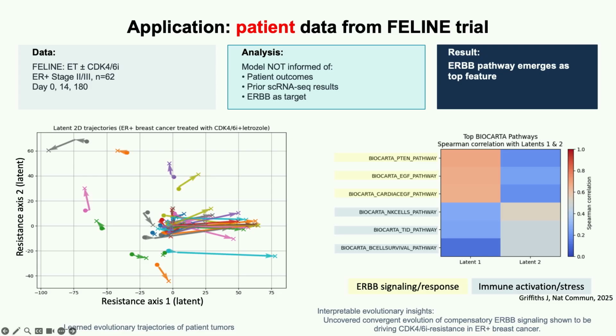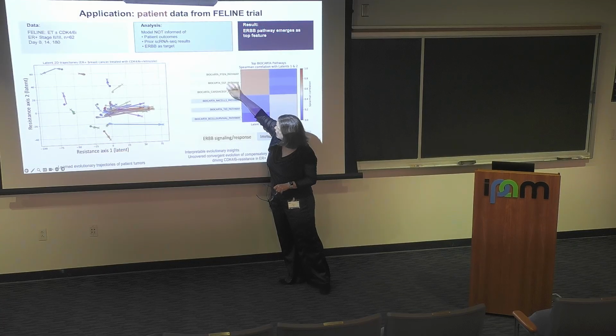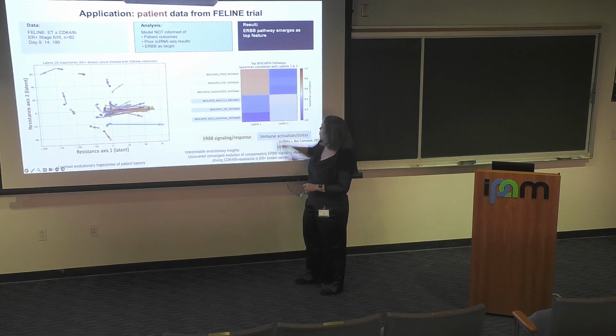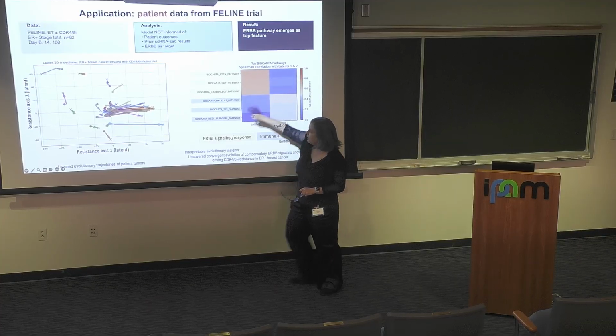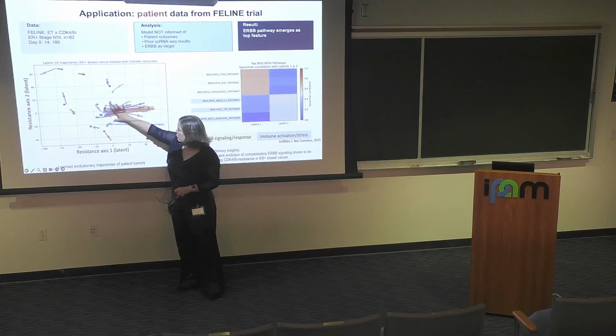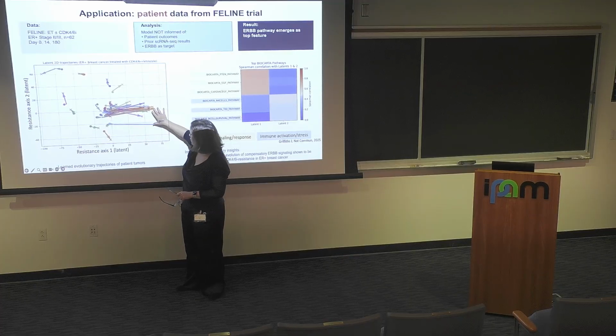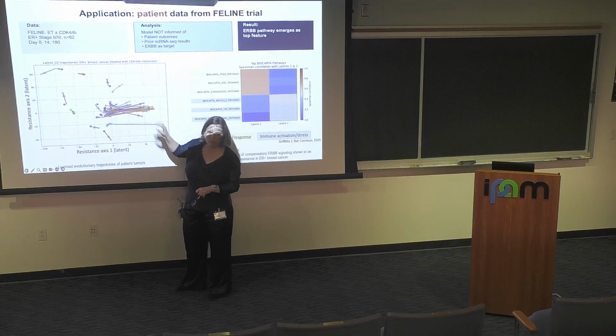And when we looked at the correlation of the feature to the biological pathways that are part of this data, those pathways I already told you about are shown here. What we see is that the EGF pathway in multiple settings, these just reflect EGF, and this is a downstream target of EGF, was highly correlated to this latent feature 1, which is what's here. So at least for the feline patients, this is the top feature that depicts the growth direction of these samples.